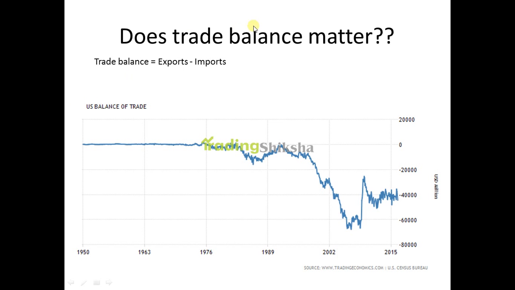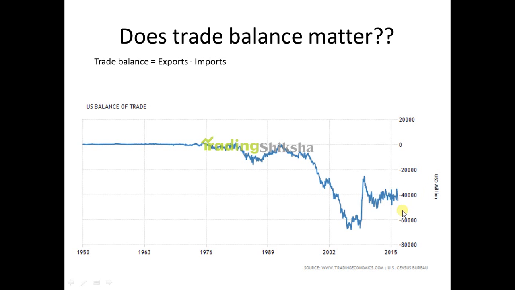In this example, again I have taken the example of the US. You can see the US balance of trade. Since the 1970s it has turned negative, and now it's highly in negative territory, around 40 billion.